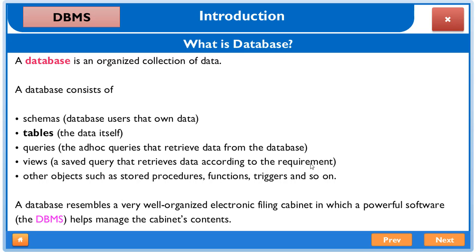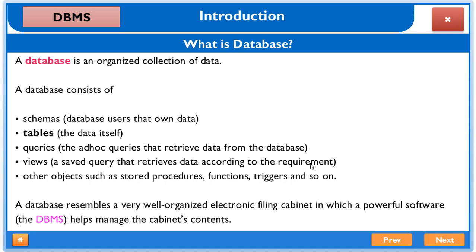Then what is a database? A database is an organized collection of data, and it consists of database objects like different users who use the database, who own the database, the raw data that are tables and queries, views, and other objects such as stored procedures, functions, triggers. These are called database objects, which we will come across in the DBMS course.